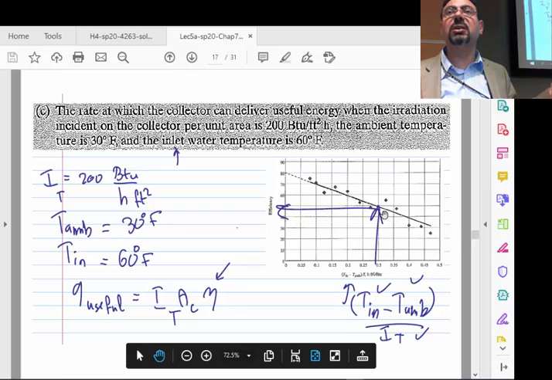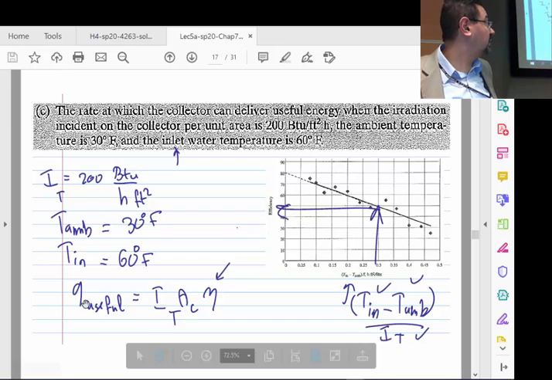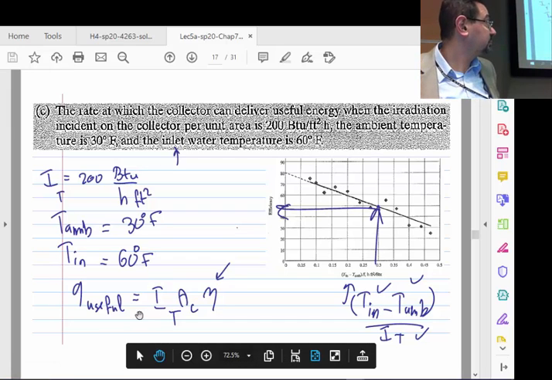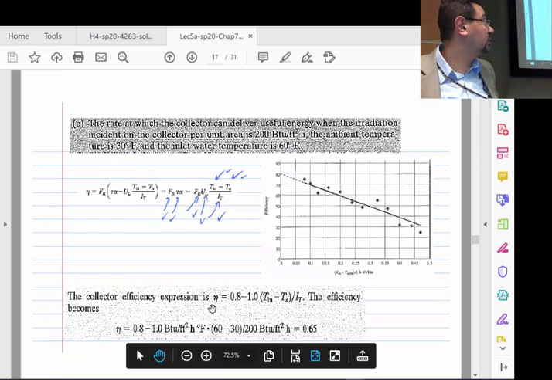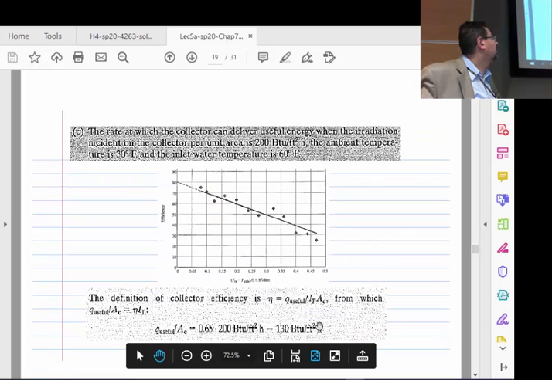So that's basically just substitute in the equation, right? And you get yourself the efficiency. So just get yourself the x-axis, and tell yourself that the useful will be the incident radiation times this efficiency. And so that's what he does. He calculates the x-axis and the efficiency becomes 0.65.